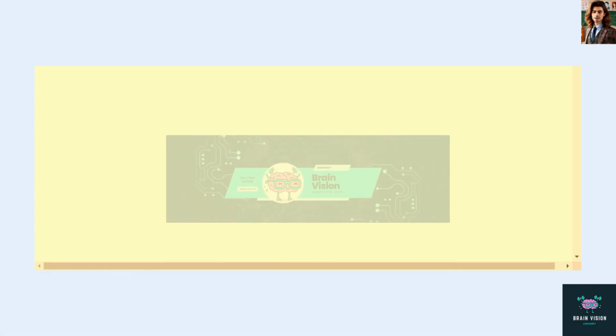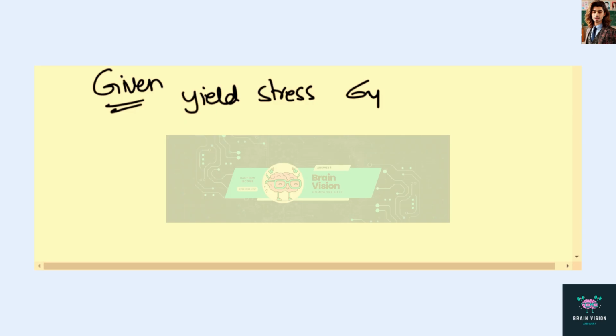So, in this question, it states that the plane stress at a critical point in a steel machine bracket is shown, and the yield stress sigma sub y is equal to 36 ksi.